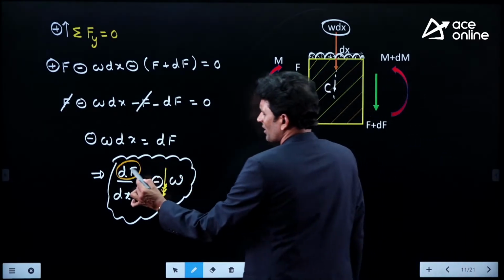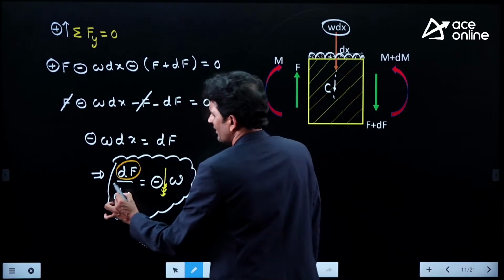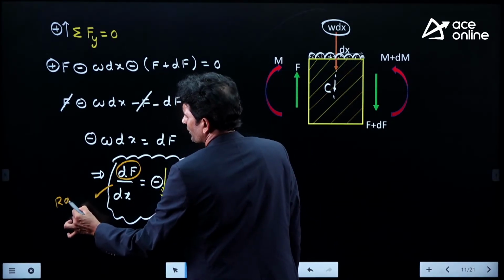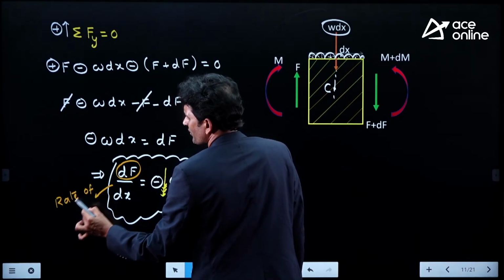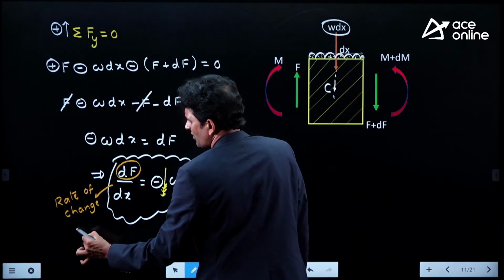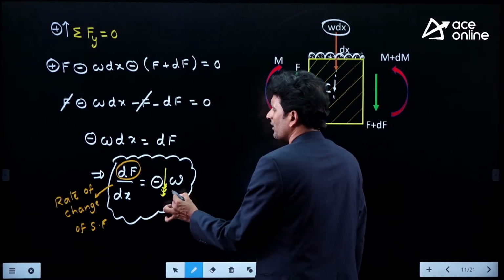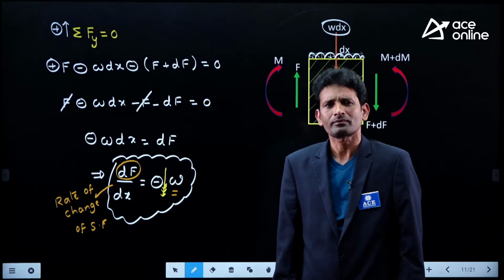The change in shear force between any two sections, if I represent per unit length, this is nothing but the rate of change of shear force. This parameter we may call the rate of change of shear force. It should be equal, mathematically, to the rate of loading acting at that particular section.